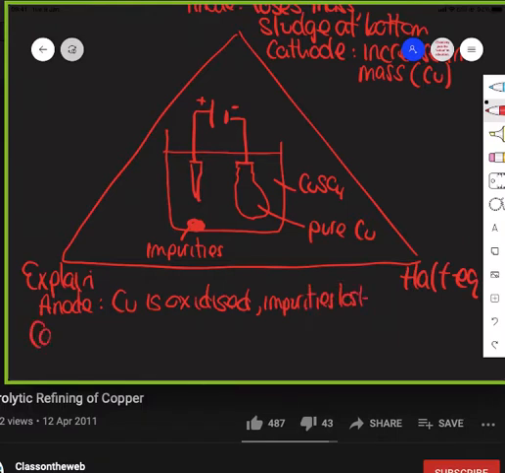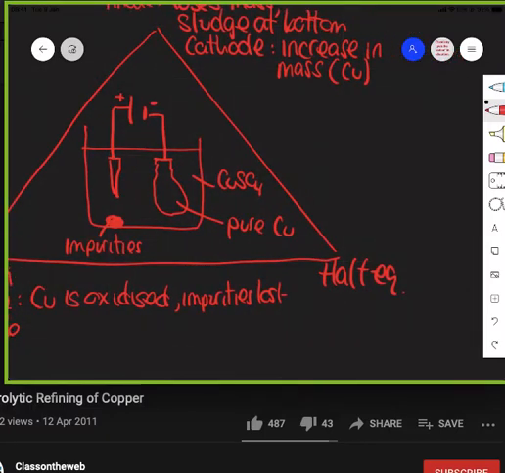And at our cathode, so before we can write the cathode, can anyone give me the half equation for copper being oxidized? What would I write? Where do I put my electrons? On the left hand side.